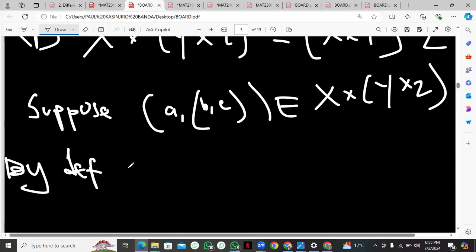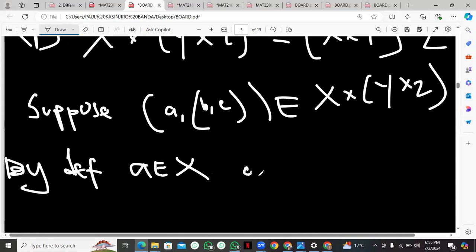So by definition, what do we get from there? We get that A is actually a member of set X. And the other coordinate here is a member of this set here.